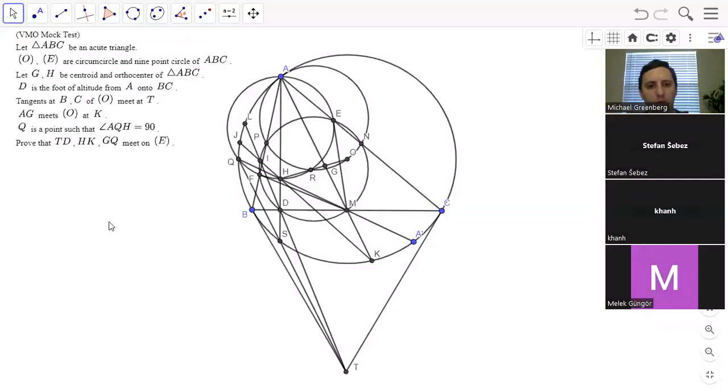Trying to think what HK means. I've seen HA prime, but HK I haven't seen in too many problems. So we know AK and AT are isogonal.